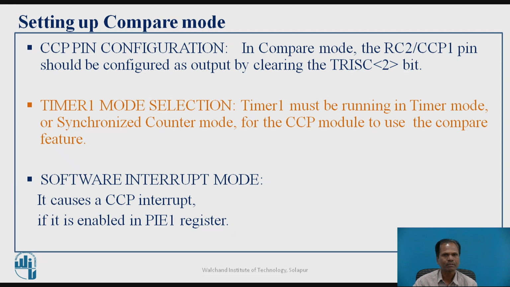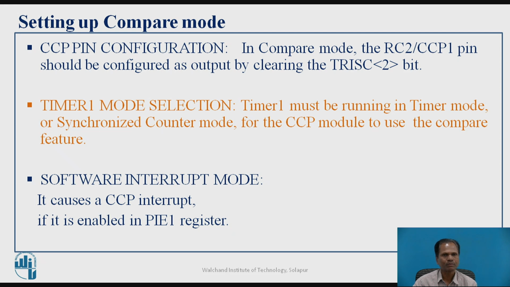In compare mode, the RC2/CCP1 pin, which belongs to the CCP1 module, should be configured as output by clearing the data direction control register TRISC concerned with port C, because the CCP1 output pin is multiplexed with a port C pin. So at bit position 2, the bit is cleared in the TRISC register so that the CCP1 pin will act as an output pin.